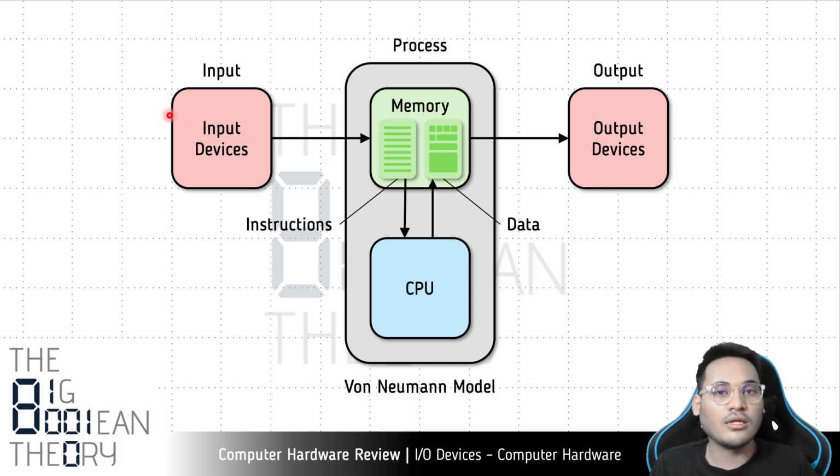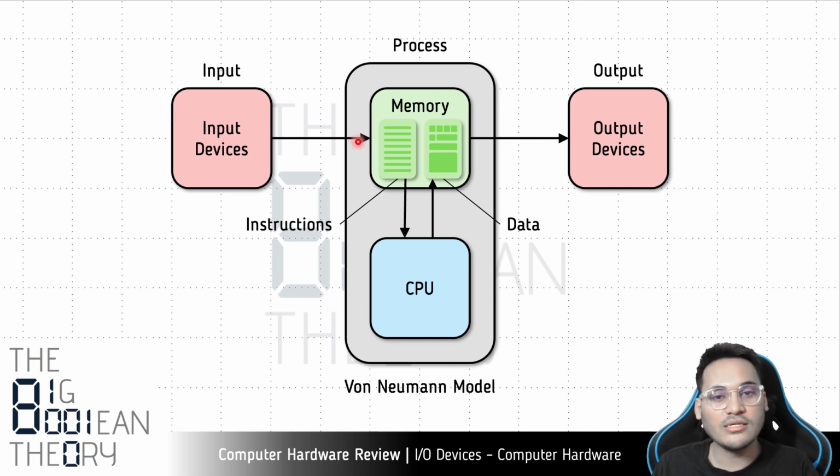There are a lot of input devices, using which the user can give their input, and this input could be in a wide variety of formats. For example, it could be textual input, an image, audio, or video. There are a wide variety of information formats available today. The point is, the user will give some kind of input via these input devices, and finally the computer system will process this data.